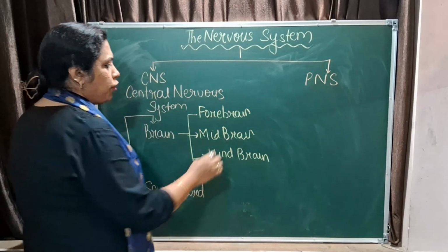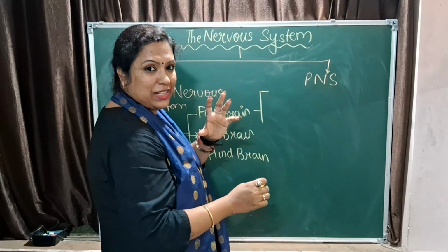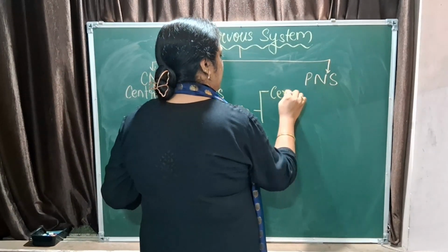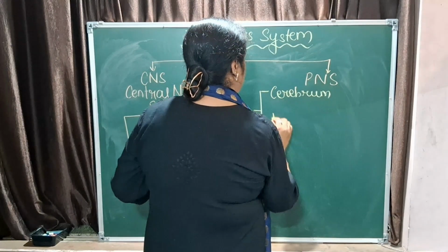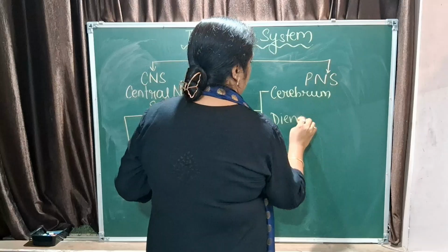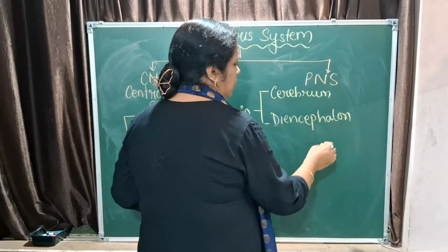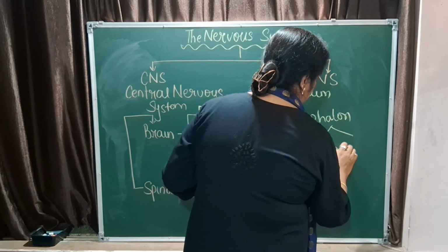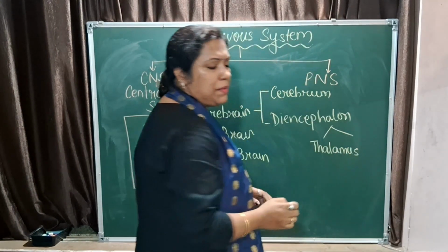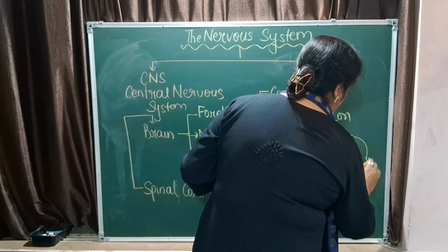When you talk about the forebrain, it contains CD. You know CD? That is your cerebrum and the diencephalon. Diencephalon has the thalamus. Generally, pain and pressure receptors are present in the thalamus, and your hypothalamus.